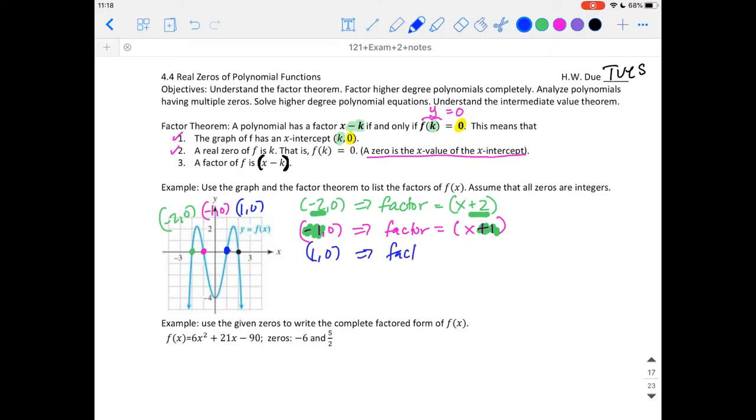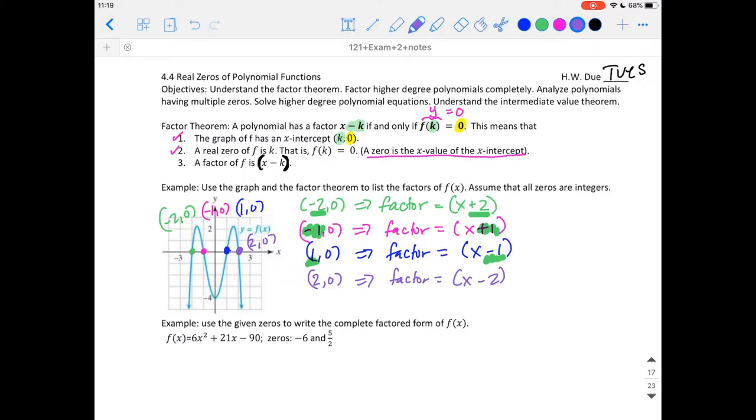So for 1 comma 0, the factor is parentheses x minus 1. Again, it's repetitive, but it's brand new to most of us. It's going to be the opposite. And then our last one, this x-intercept is going to be 2 comma 0. So for 2 comma 0, then our factor is going to be parentheses x minus 2.